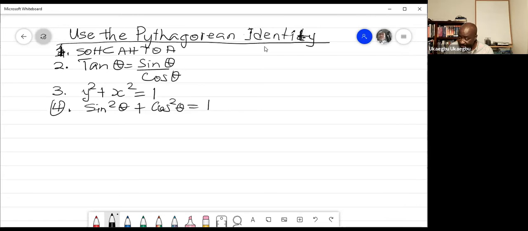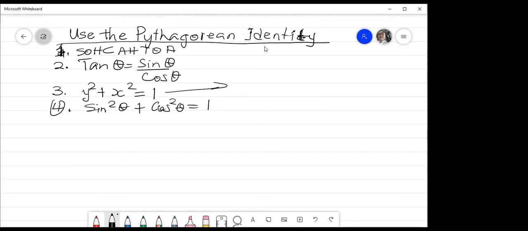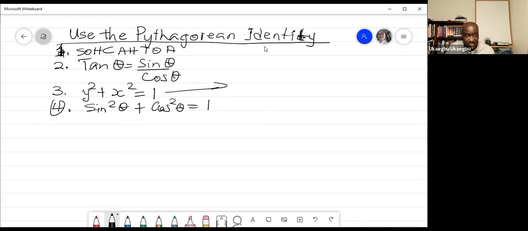Okay, so having said that, remember all these things are still under unit circle. What did we call this one? The standard equation for circles or unit circles. A unit circle, thank you.